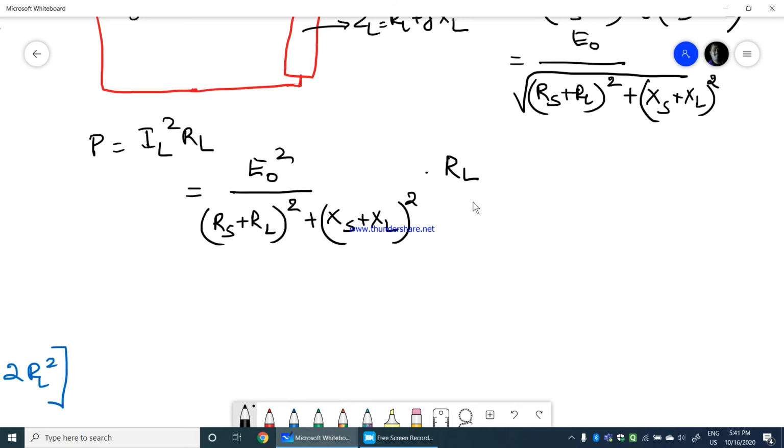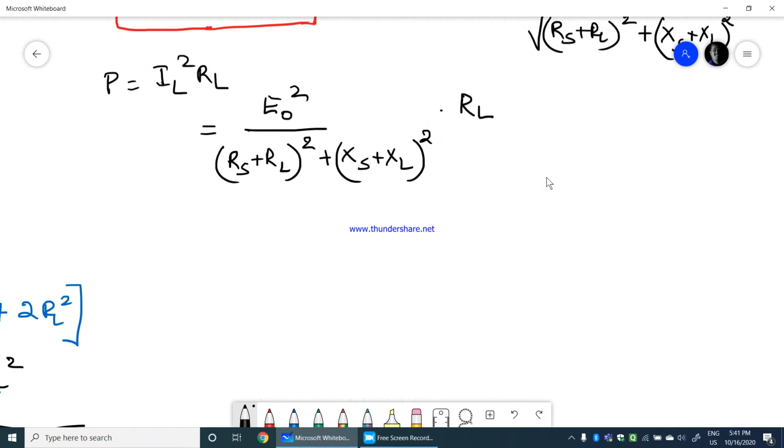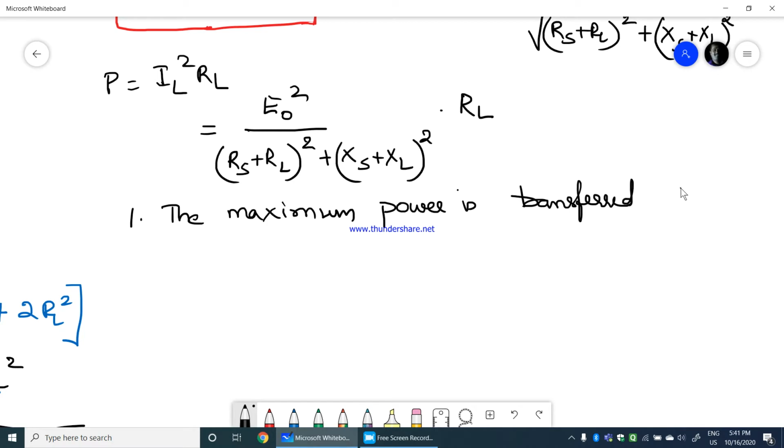By looking at the previous two derivations, we can easily say that here it gives you two conditions. One condition is that the maximum power is transferred when the load reactance XL is equal to minus the source reactance XS.